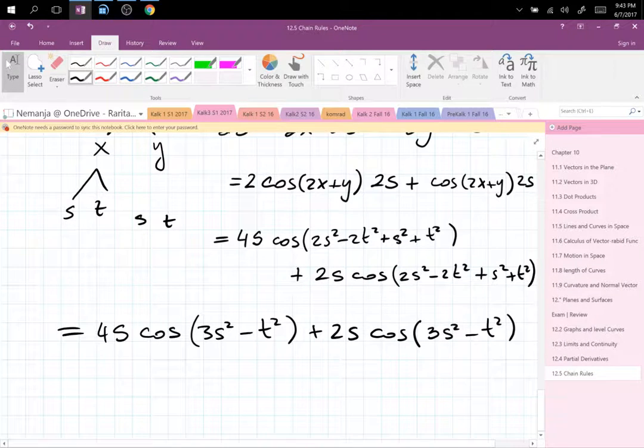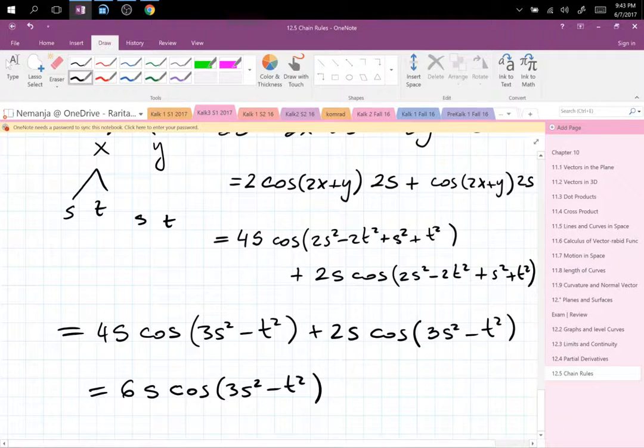What can we factor? Oh, these are the same, so just 6 of these, right? Is this good?